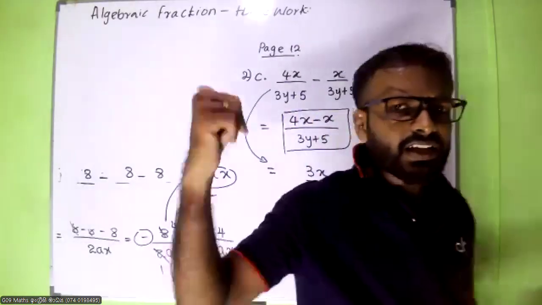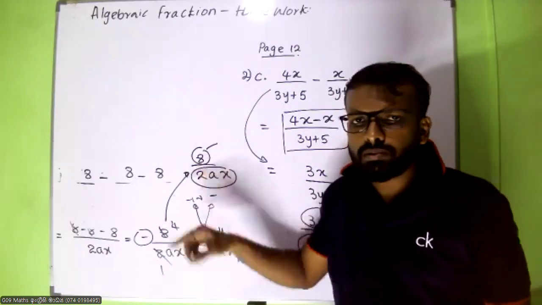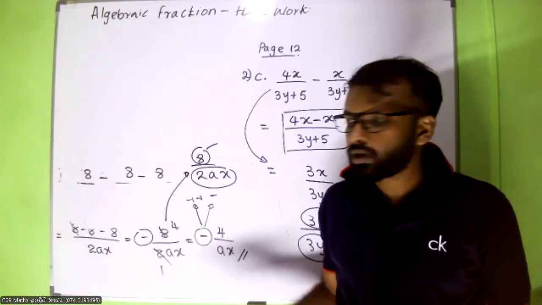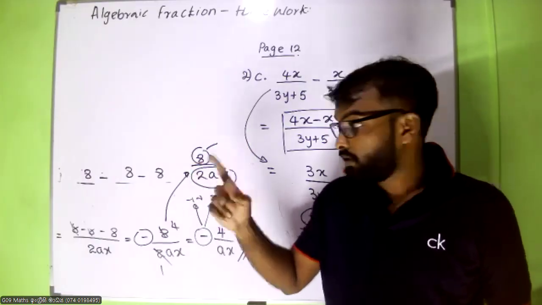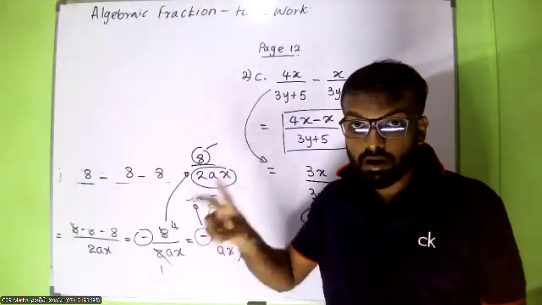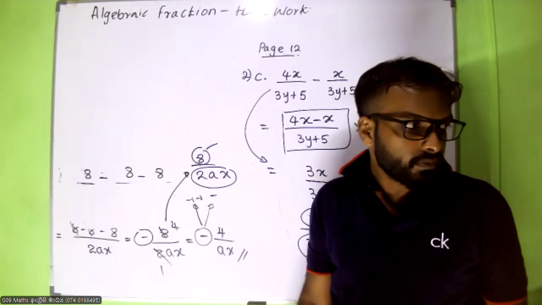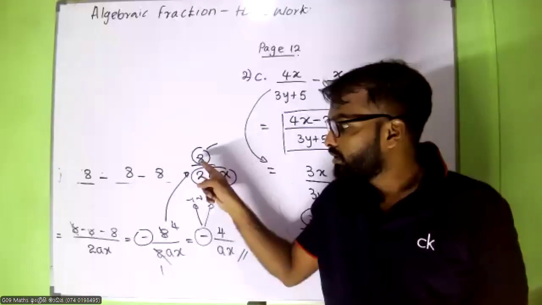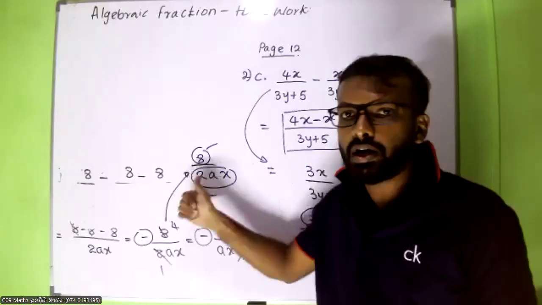So only two terms in the numerator and the denominator. Do these two terms have any common factor? Yes. These two terms have common factors, so that you can divide.